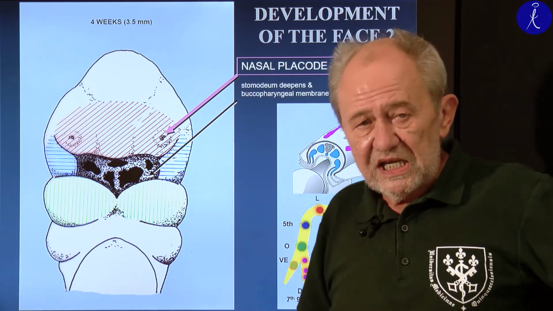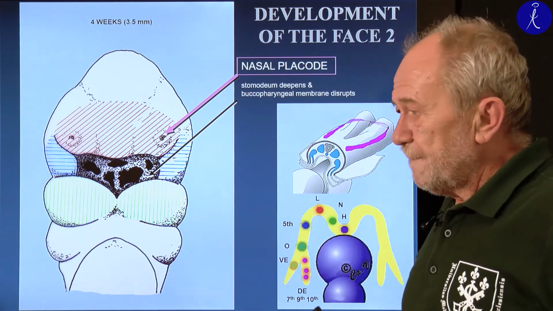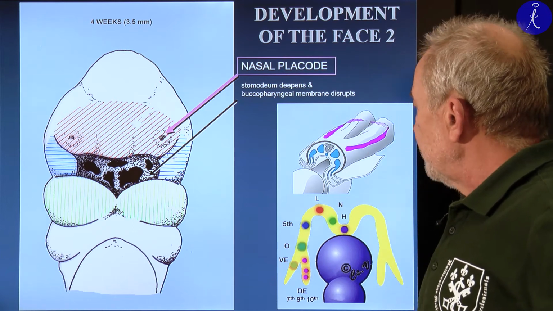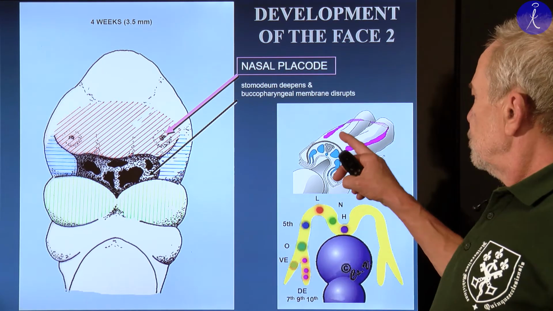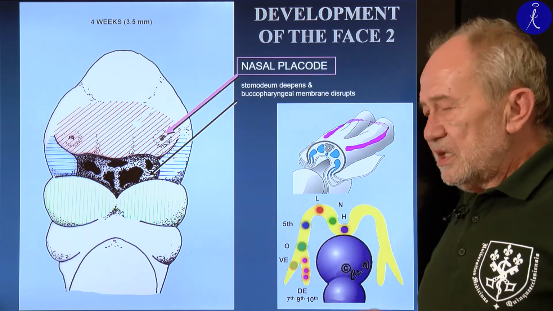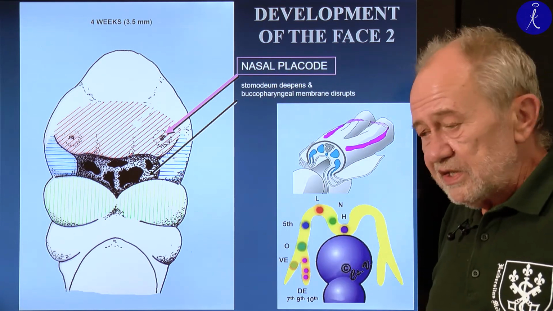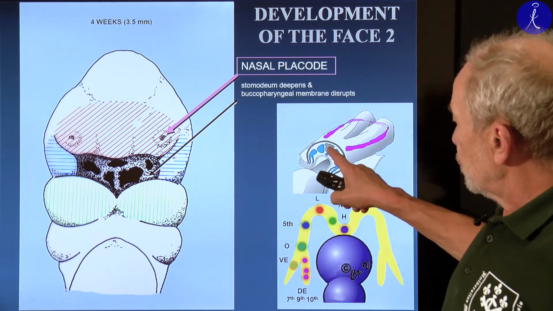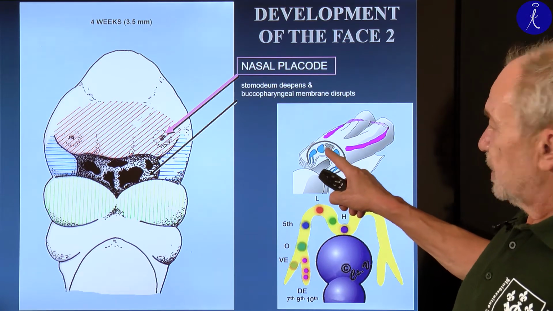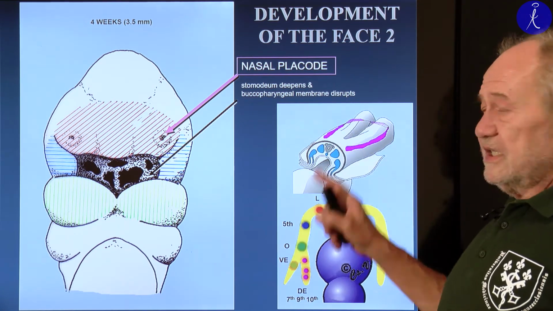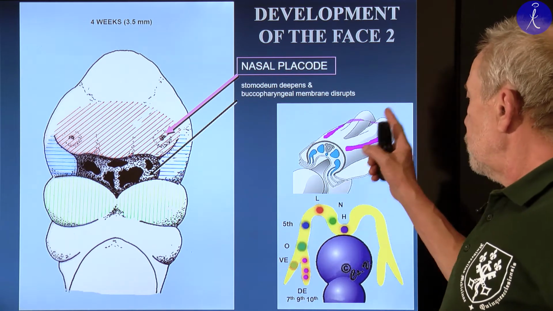So the placode has an equally important role in the development. The placode is a horseshoe-like thickening of the ectoderm on top of the primitive brain vesicles, so the cranial part of the closing neural tube. You can see the neural tube here, and the anterior neuropore still open.